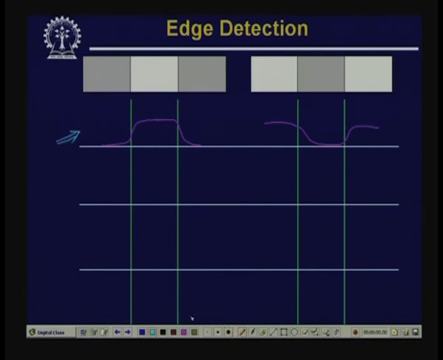Now, let us see what happens if I take the first derivative of this intensity profile. The first derivative of the first profile will be something like this, and the first derivative of the second profile will be something like this.